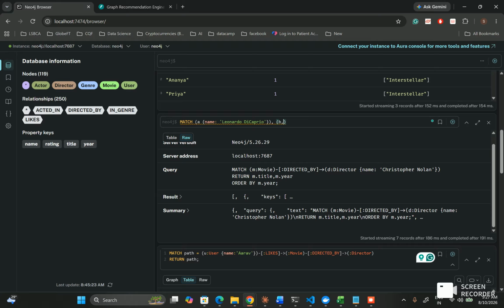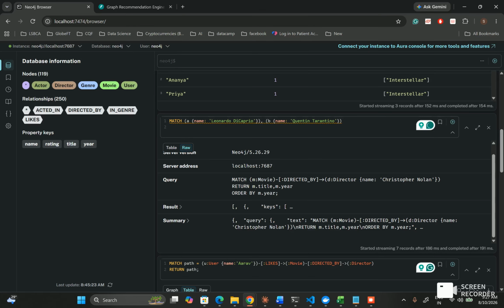Match b name Quentin Tarantino. Match p equals shortest path a, that is Leonardo.